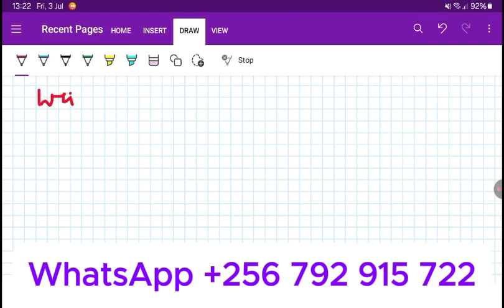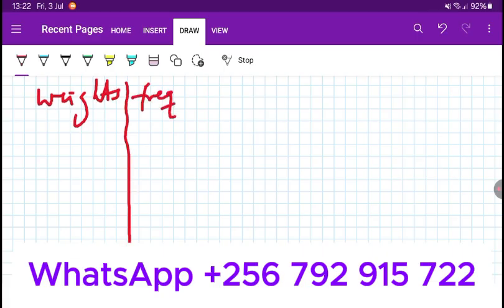So we have the weights, then we go to the frequency, then we need the midpoint, so what we call class mark.